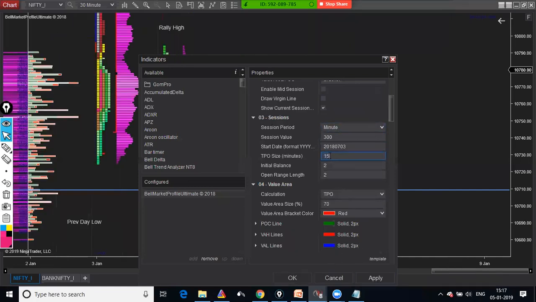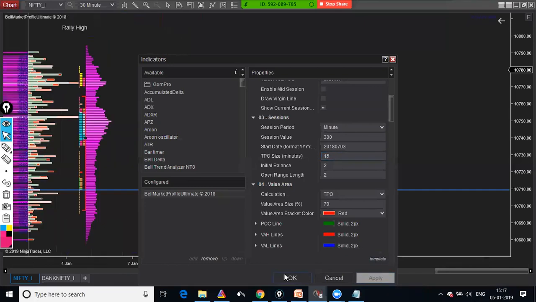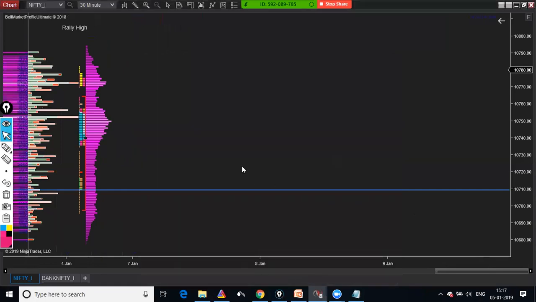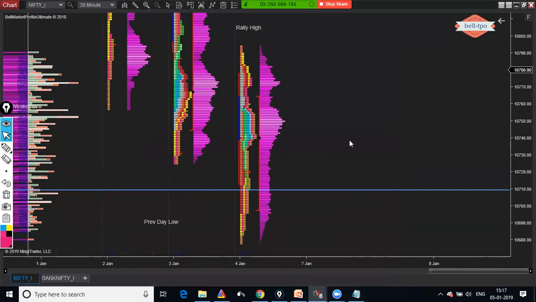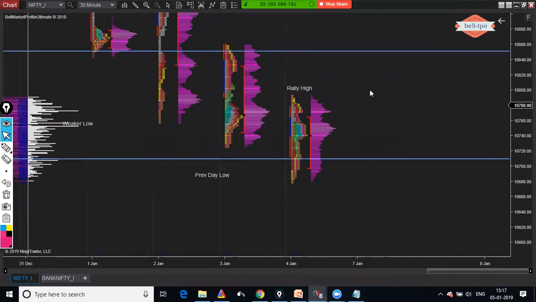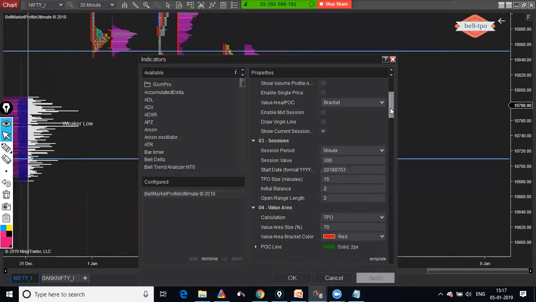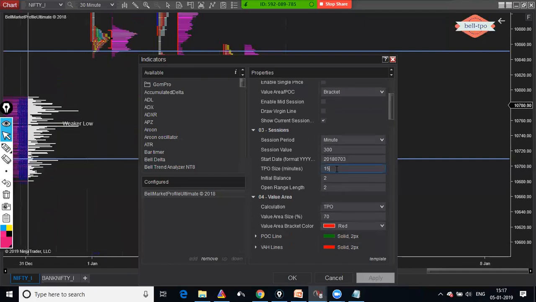It makes sense if you want to split a day into 2 profiles, but I don't trade like that. I always go with the standard practices. Initially we tried, but we were not able to figure out anything out of it, so we stick to standard setups.